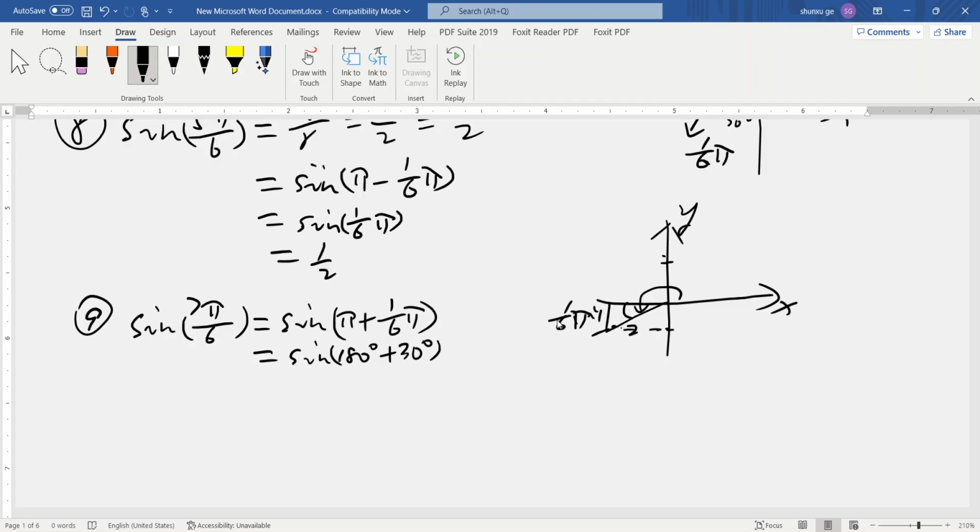So this y is negative 1. So negative 1 divided by 2. 2 is this hypotenuse, r, all the time larger than 0. So this is the solution.